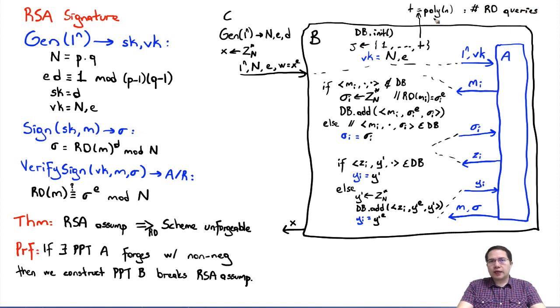Indeed, this is going to be an upper bound on the number of random oracle queries that A is going to make. So we are going to pick one of these queries as a special query. And if we are at query number j, then we are going to do something interesting.